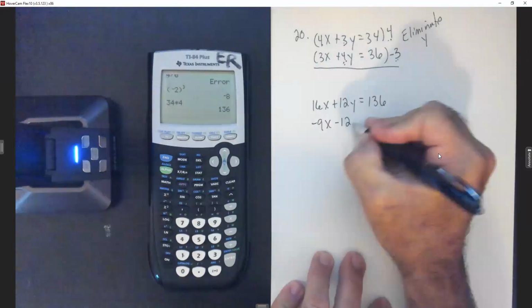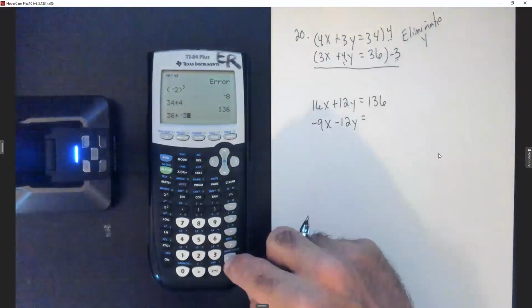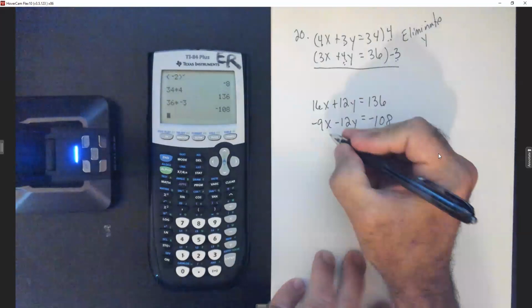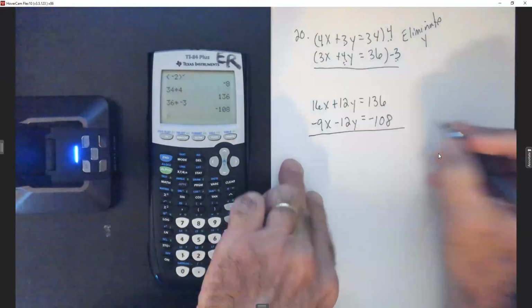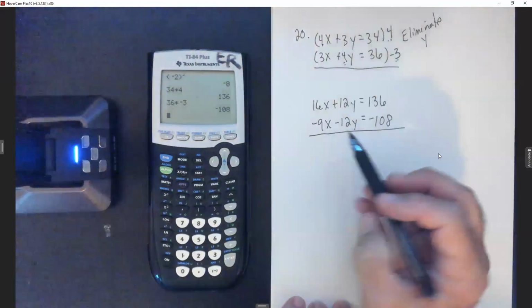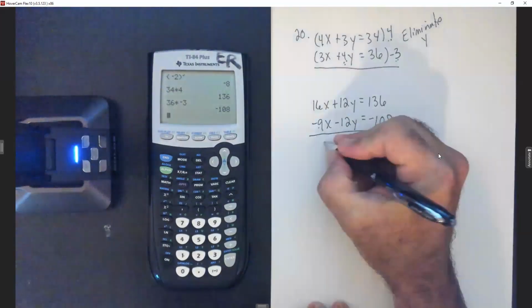And then let's see, 36 times that negative 3 is a negative 108. But look what will happen now. Those y's, one's positive 12, one's negative 12, they're going to cancel. So let's see what this gives me. 16 minus 9 is a 7x. The y's canceled.